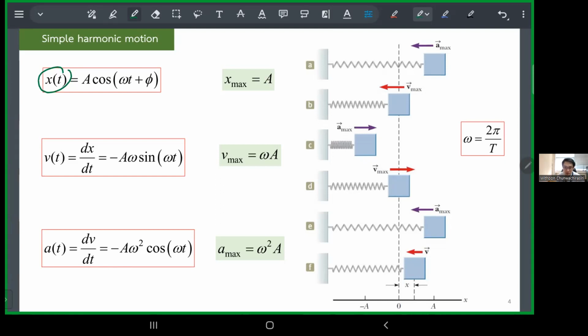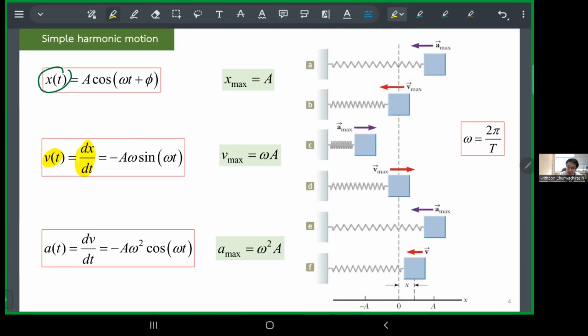You guys remember this from maybe the first lecture in Physics 101. If you know x as a function of time, you take the derivative of x with respect to time, and you get the velocity of that mass. So all you need to do is differentiate x with respect to time once.